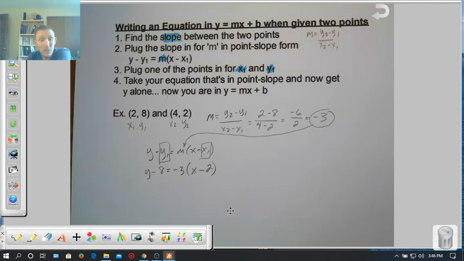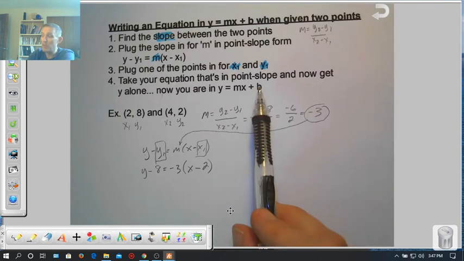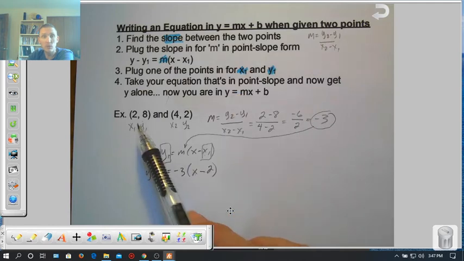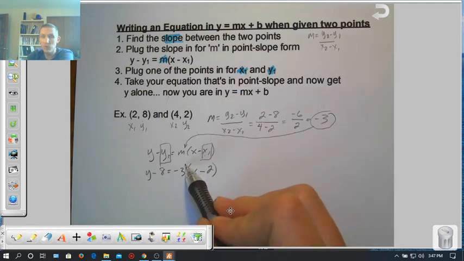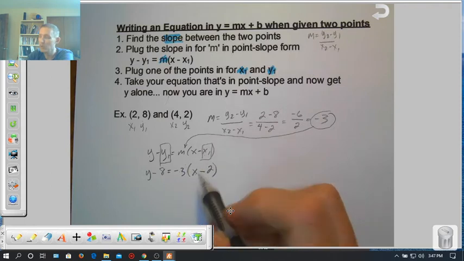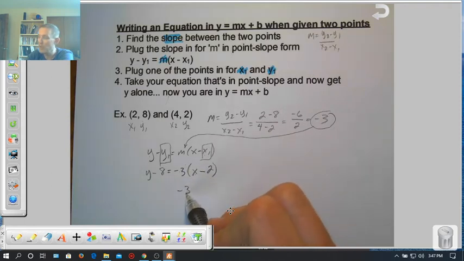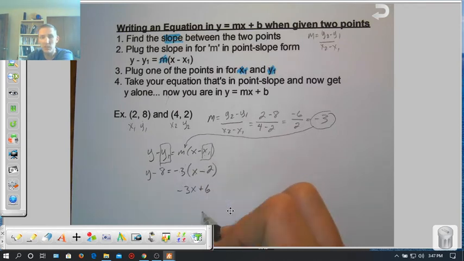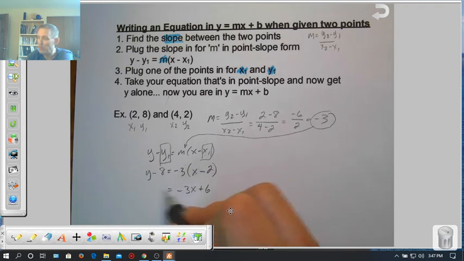I have done basically all of the hard work, which is building the equation. Step 4 says take point-slope and now get y alone. So let's start by distributing the negative 3 into the parentheses. So this will become negative 3x, and then negative 3 times negative 2 is positive 6. We'll bring everything else straight down.